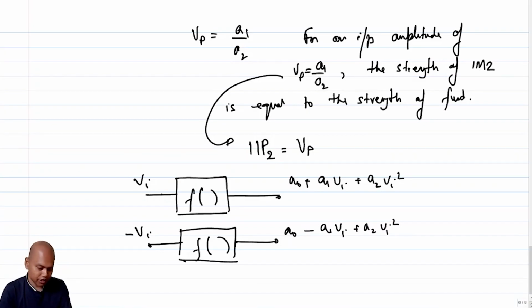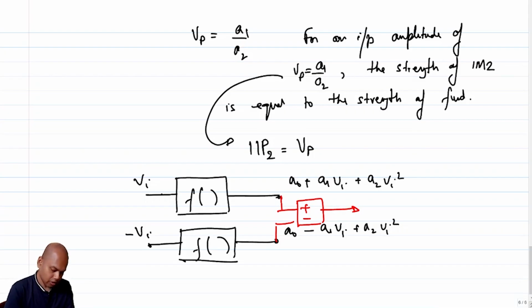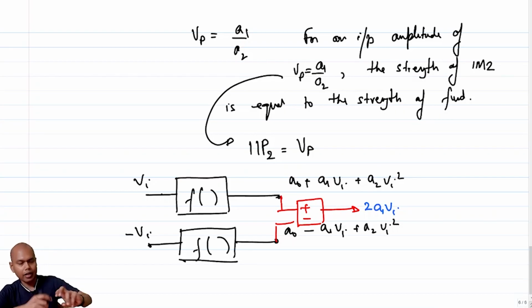And now if I take a difference of these outputs, what will I get? I will get only 2A1 Vi, right? There is neither a DC term nor a second order distortion, right? So this type of taking an identical copy and applying a differential or antisymmetric input and then subtracting them is often called a pseudo differential or fully differential implementation of any network.